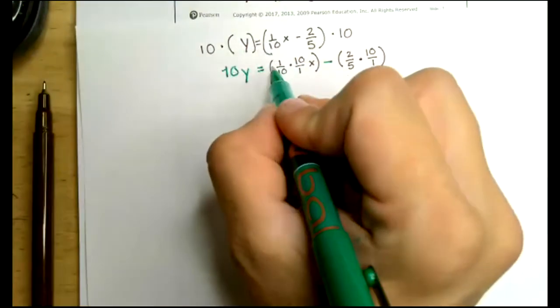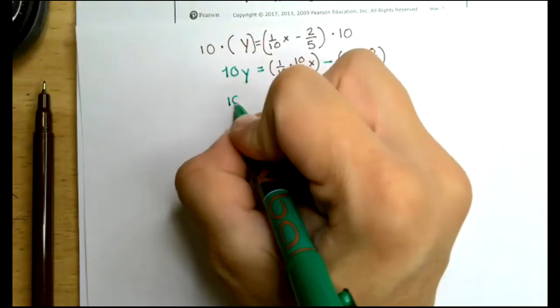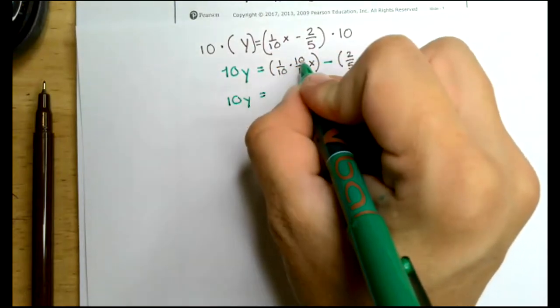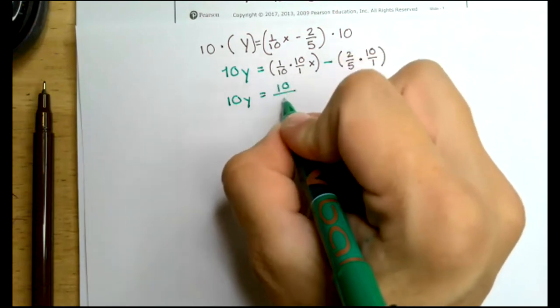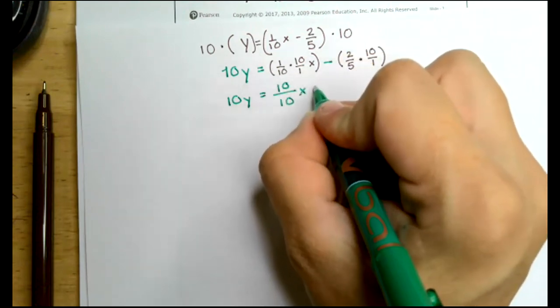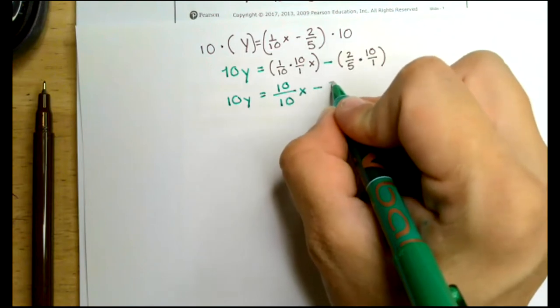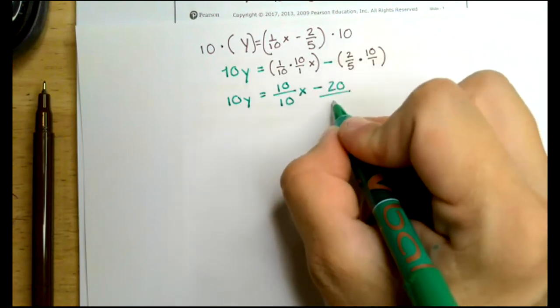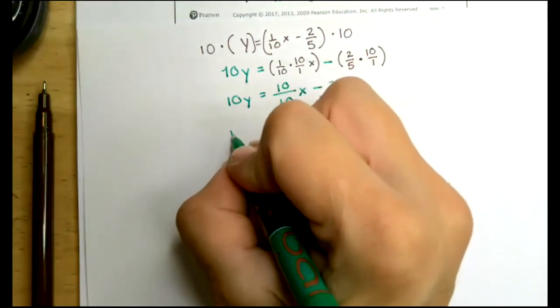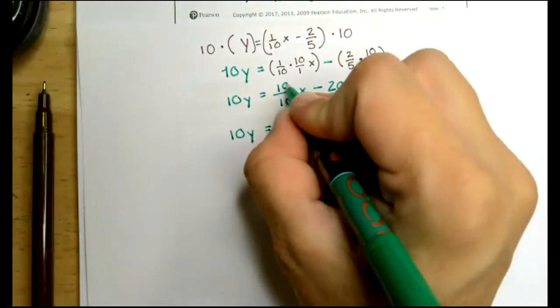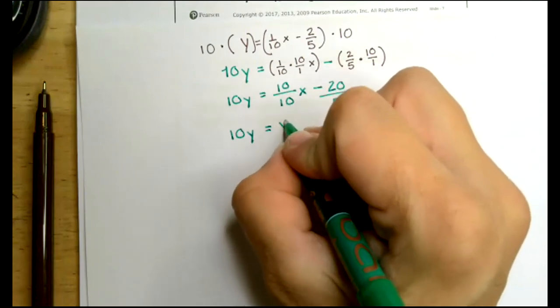So if I go straight across, 10y is 1 times 10 is 10, 10 times 1 is 10, x minus 2 times 10 is 20, 5 times 1 is 5. We have to simplify these fractions. 10 divided by 10 just becomes 1x.